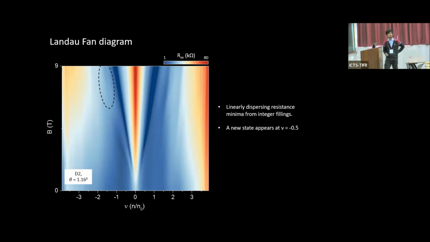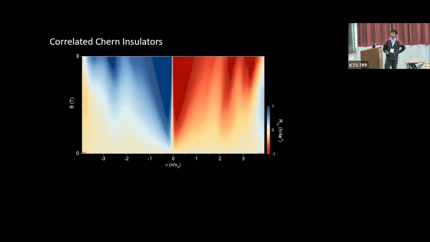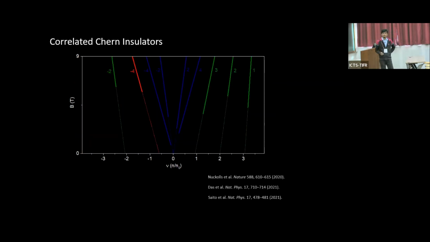Okay, so this is also a half integer, and this is consistent with our observation of half integer fillings in this kind of system. Now this is a similar plot of Hall resistance as a function of band filling for different magnetic fields. You see these resistive features appearing from different integer fillings, and we can also fit the Diophantine equation for these states, and from the slope we can calculate the Chern number for these states, and they are also in good agreement with other reports.